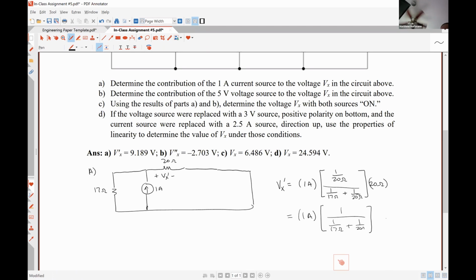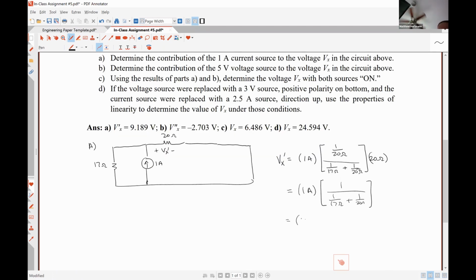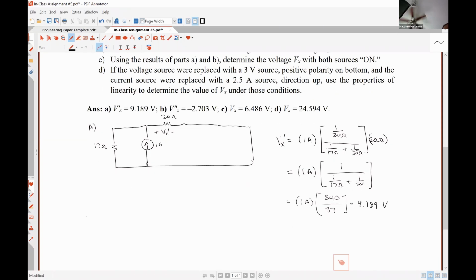So to that end, we're going to have 1 amp times, let's see, 17 times 20 is 340, divided by 17 plus 20 is 37. So 340 over 37, 9.189 volts. All right. So part A is taken care of.